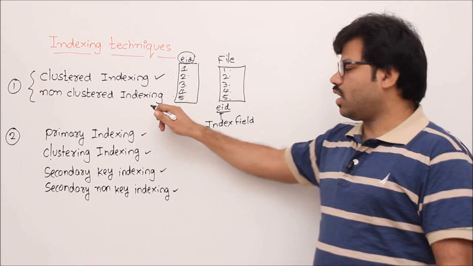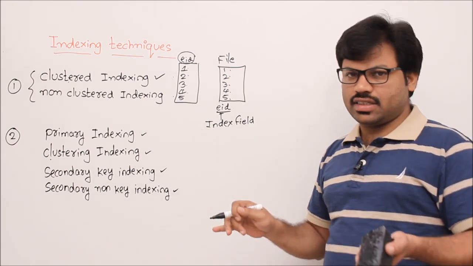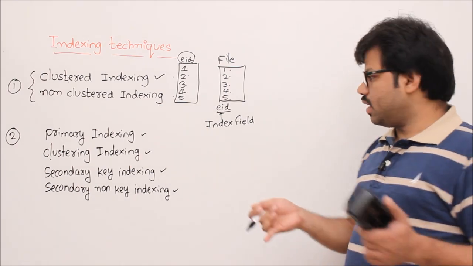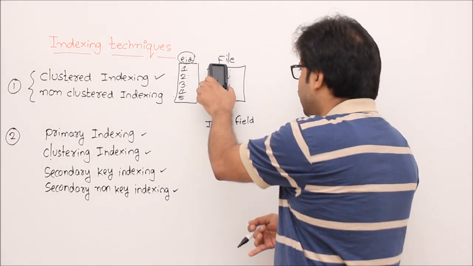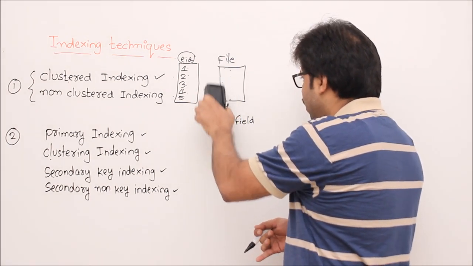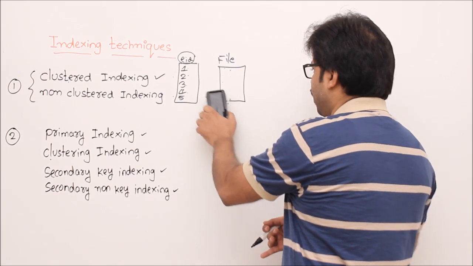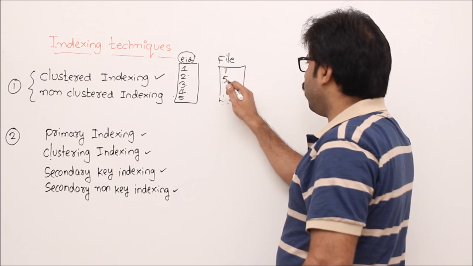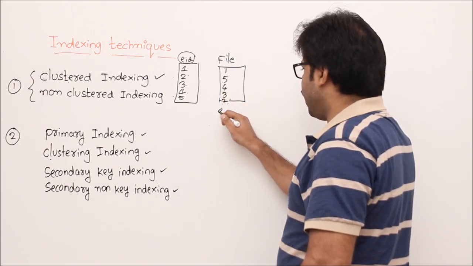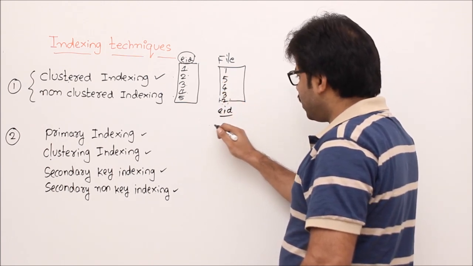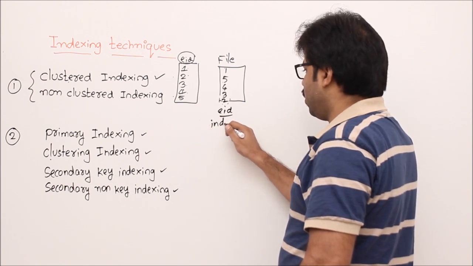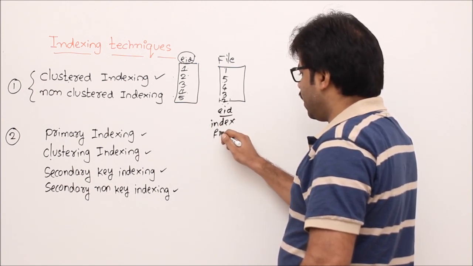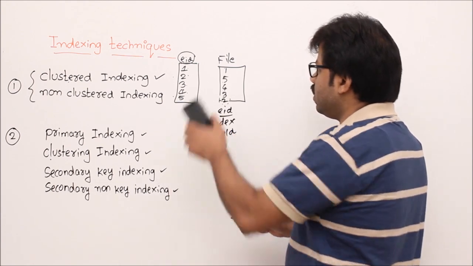The second one is non-clustered indexing. In non-clustered indexing the opposite will happen. Let's say your data is not sorted on the employee ID field. Let's say your data has some order, 1, 5, 4, 3, 2, with respect to employee ID. Here employee ID is the index field.